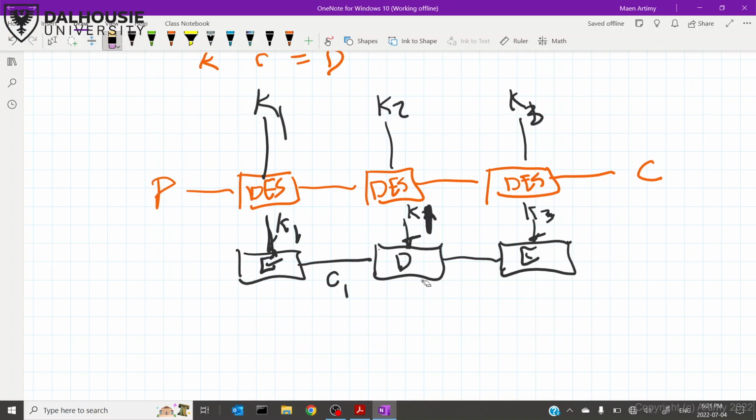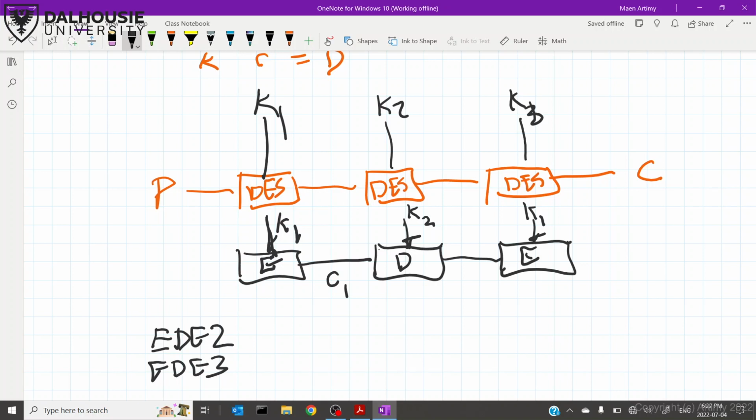But if you use this example where you have encryption with one key, decryption with another key, and encryption again with the same key, so now you have E, D, E with two keys, or E, D, E with three keys.